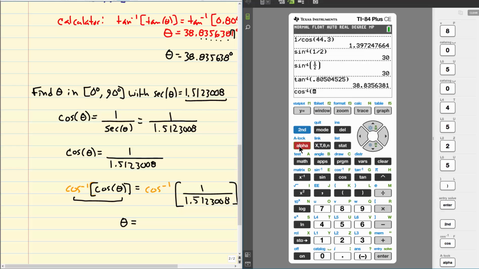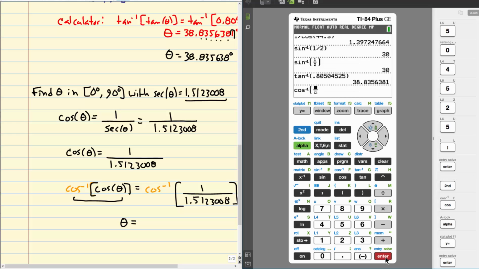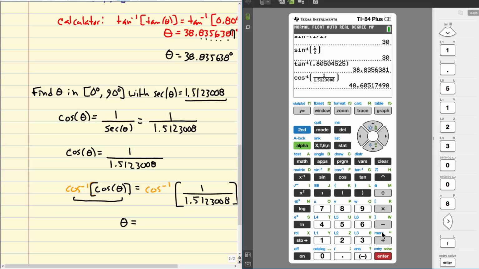And then I'm going to use our fraction key, alpha y equal, 1 over, and then in our denominator we have 1.5123008. Arrow out and put in our parenthesis, and I get 48 point, let me make sure I get all these down, 605.17498.